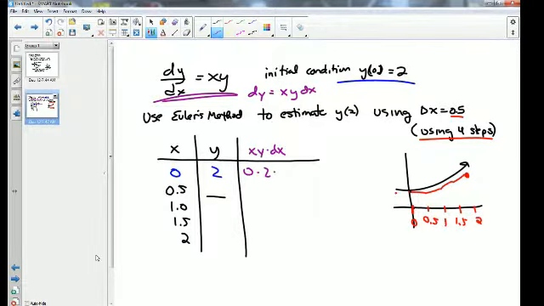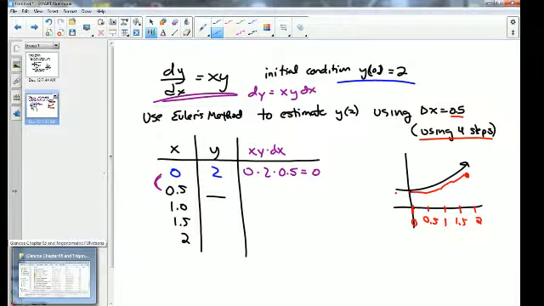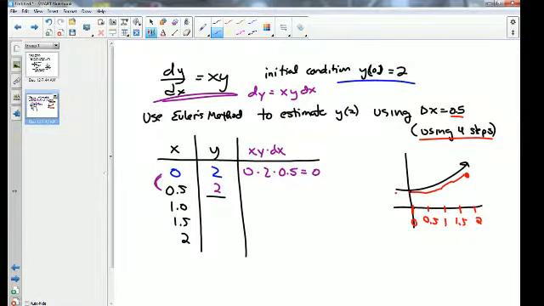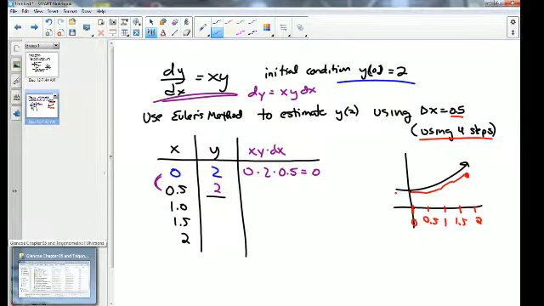And what's the change in the x value? 0.5, right? So that equals 0 in this case. So we're still at 2. So you've just calculated how much the y changes, right? You okay with that? I'm not going too fast.